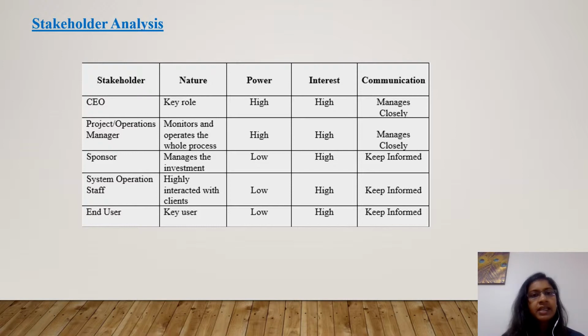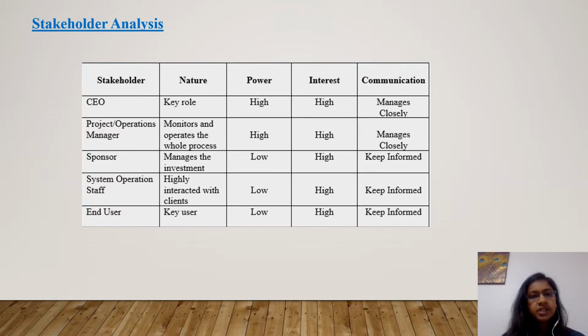Next one is the stakeholder analysis. A stakeholder can be a group or an individual with whom a business analyst has a key interest to deal directly or indirectly. Here are some key stakeholders that are identified.